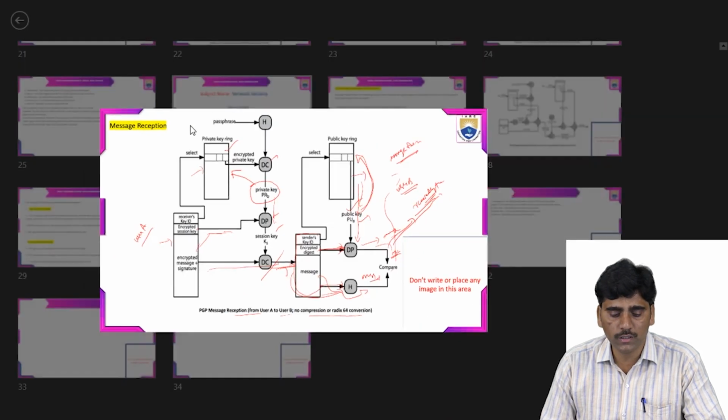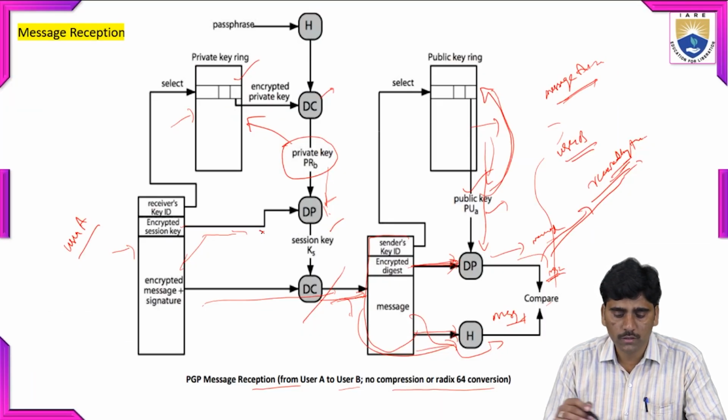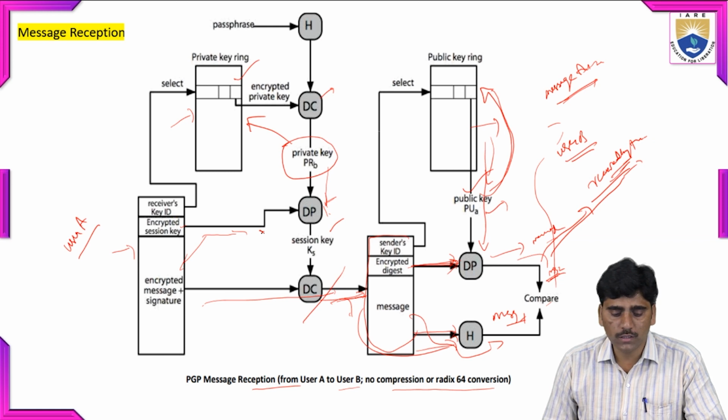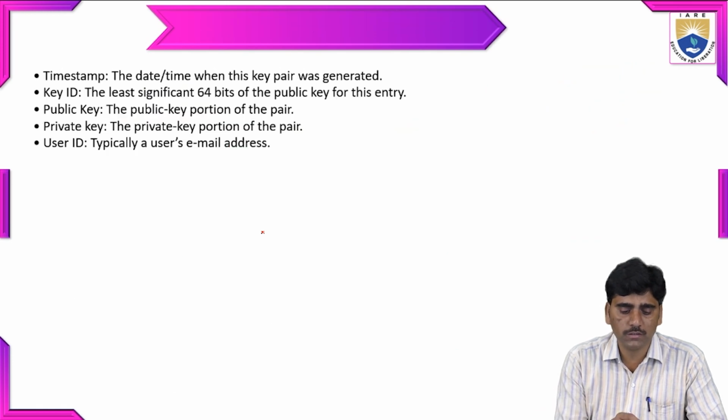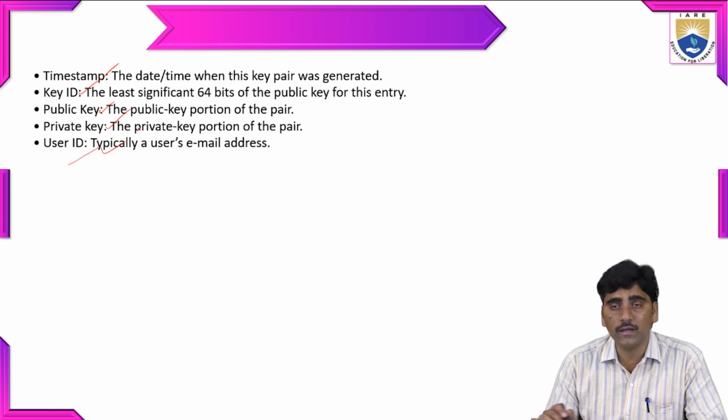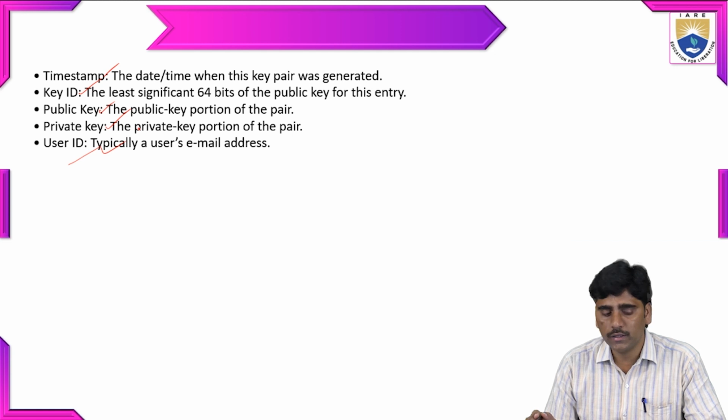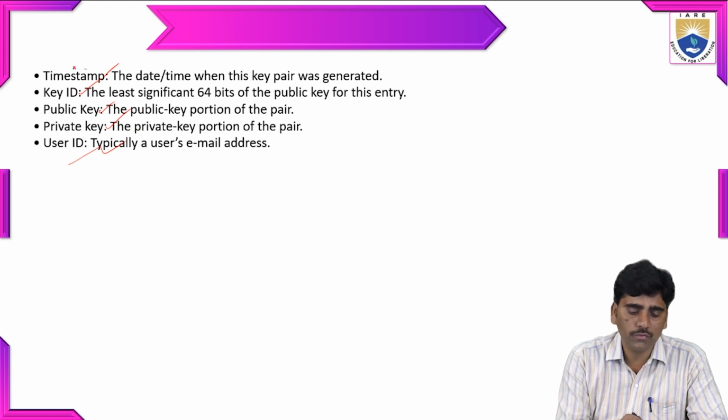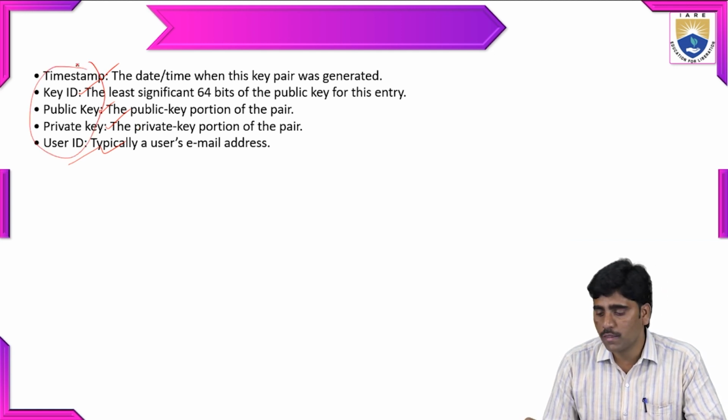For each key ring entry there is a timestamp, a key ID, a public key, a private key, and a user ID. These are all the fields contained in the PGP message format as well as the key ring format.